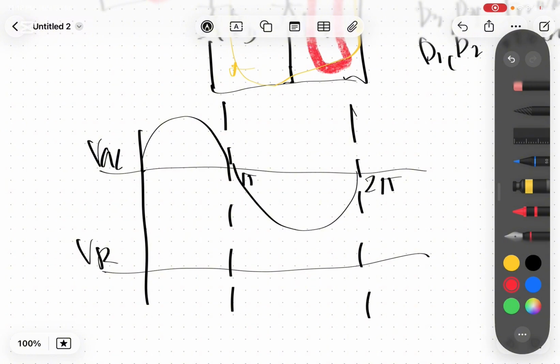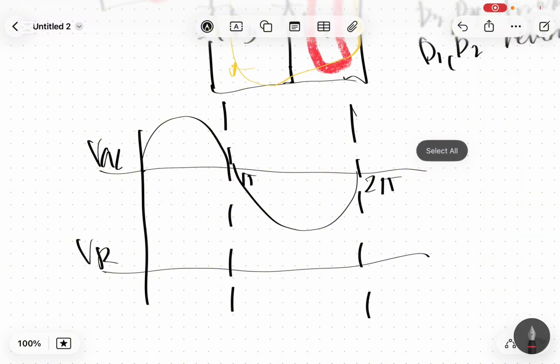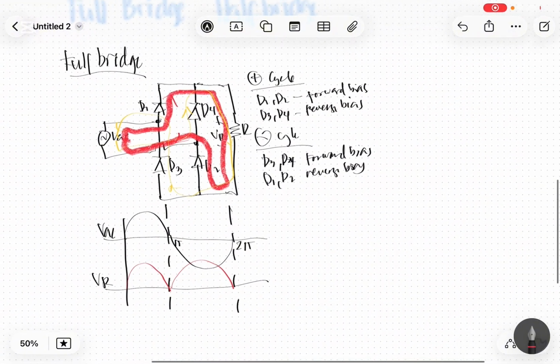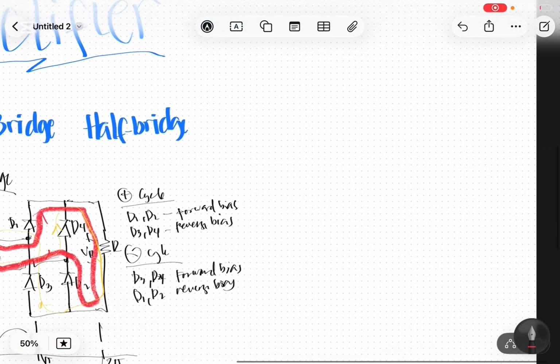Then the rectified voltage should be like that. Okay, so how about the half bridge?